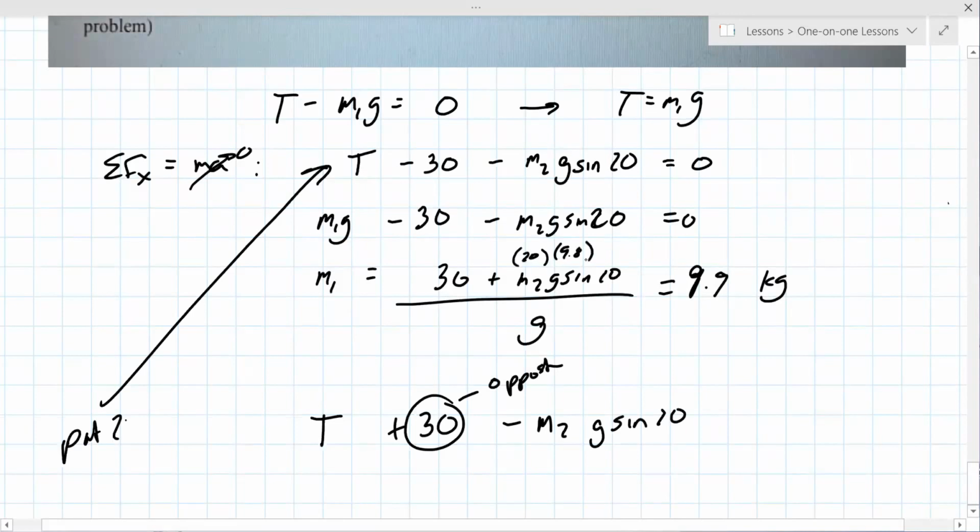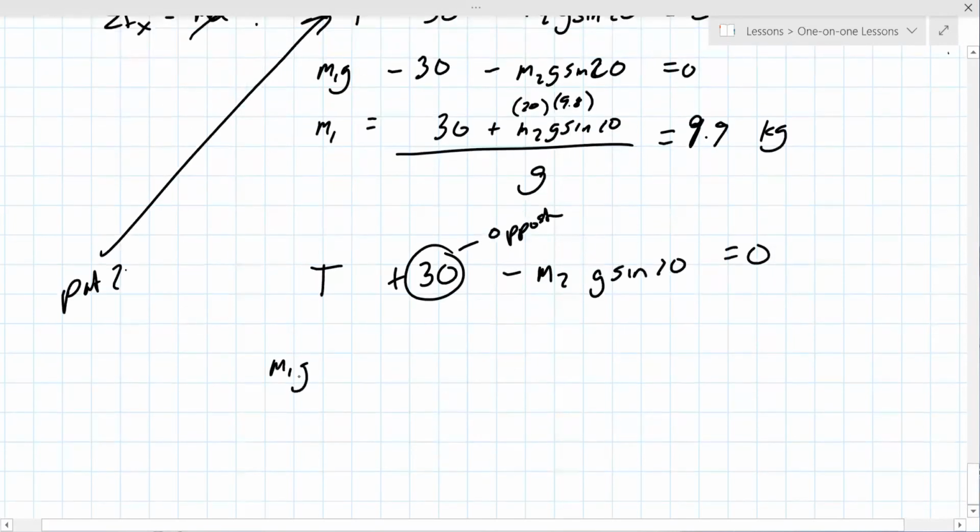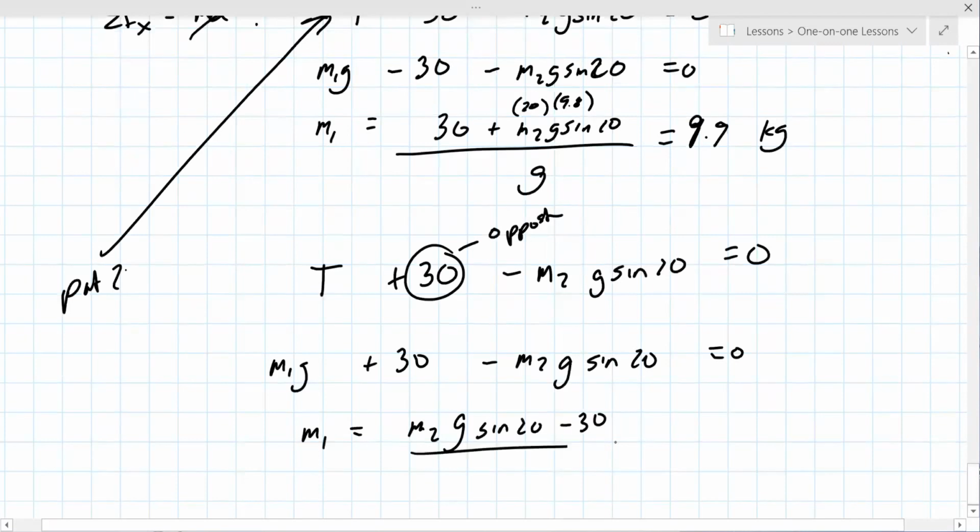Oh, okay. And then this equals 0. So then T again is M1G plus 30 minus M2G sine 20. So your M1 equals M2G sine 20 minus 30 over G.